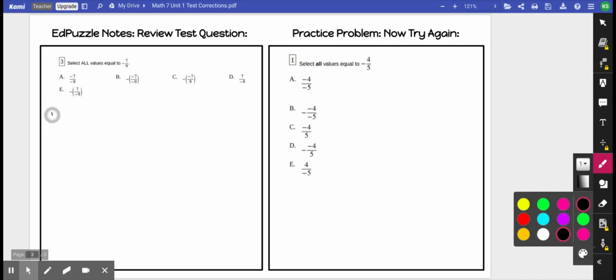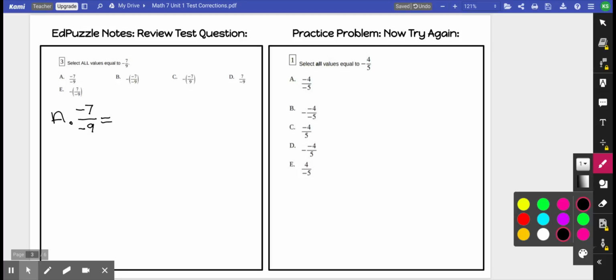Let's look at A to start. A says -7/-9. If we remember, a negative over a negative, because this is a division problem, will equal a positive.